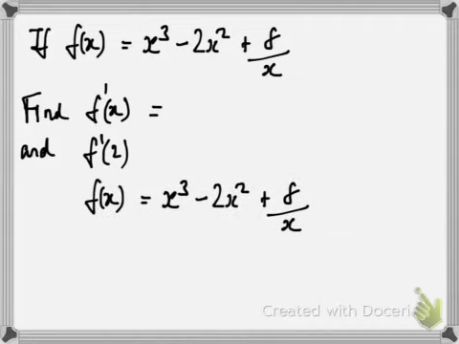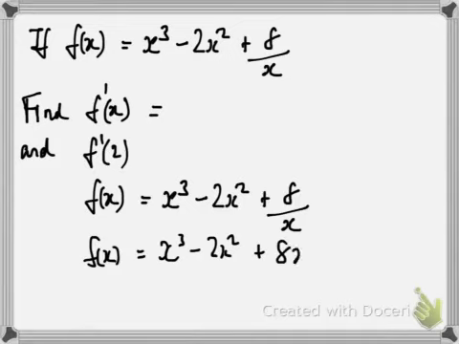Now, to write it in index form, we write it out of fraction form to index form. So what we need to do is fix up this last one here. It's 8 over x, which is 8 over x to the power of 1. That's 8x to the power of negative 1. Then we can find f dash x once we've done that.